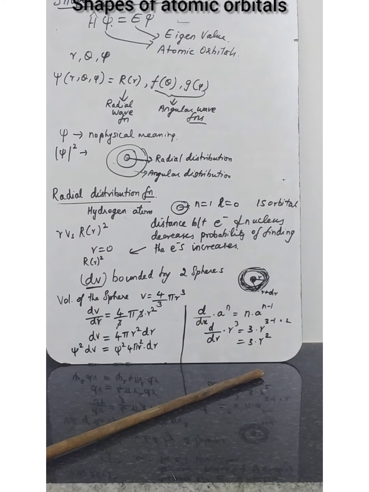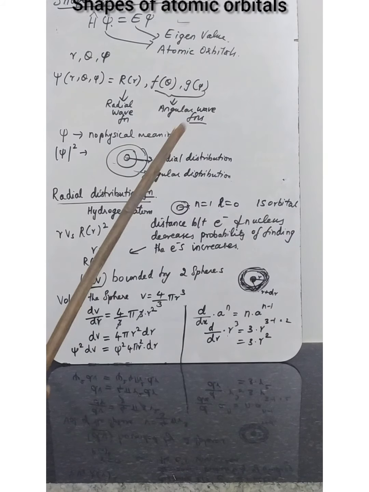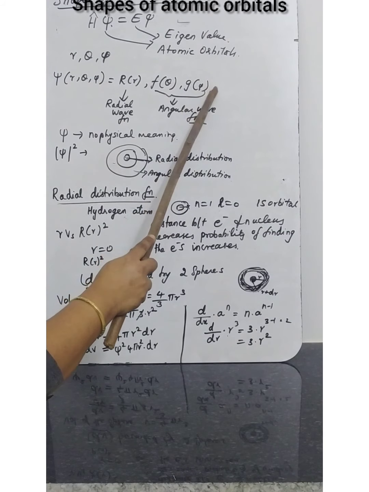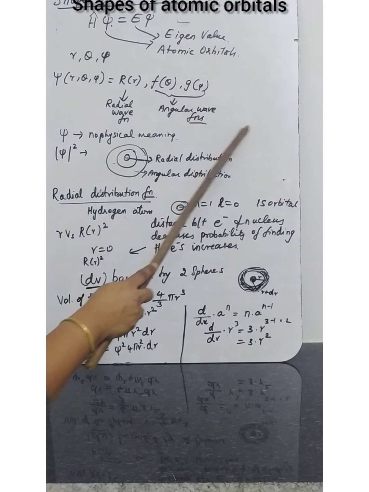Okay, next one. In the 2s orbital, if you draw the plot, the diagram is the same way, 4 pi r square dr and r.